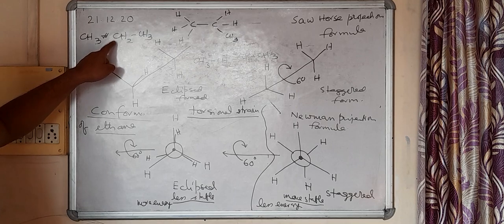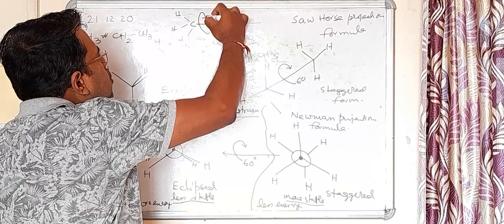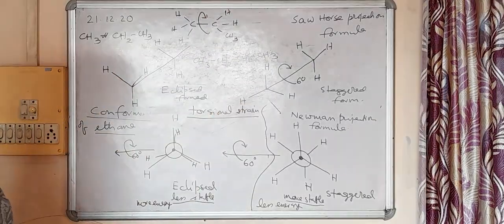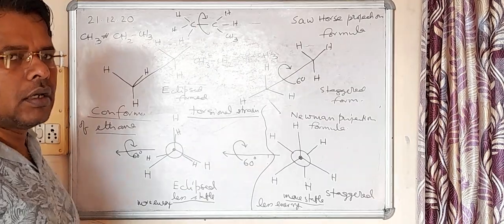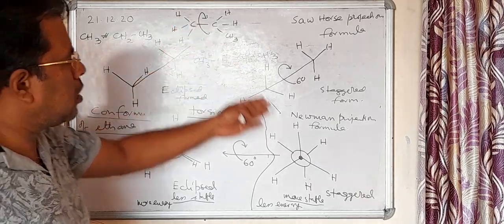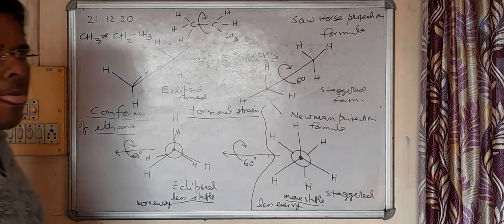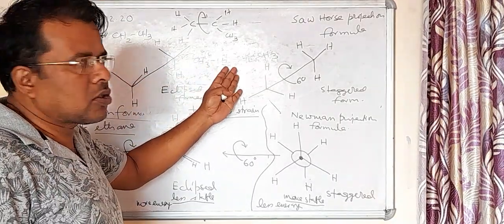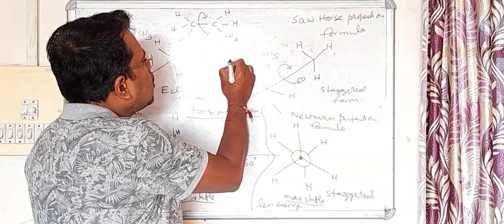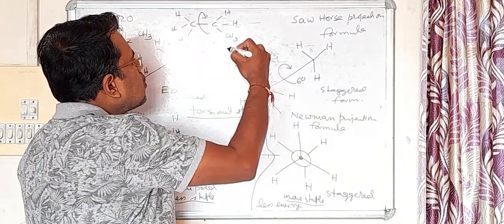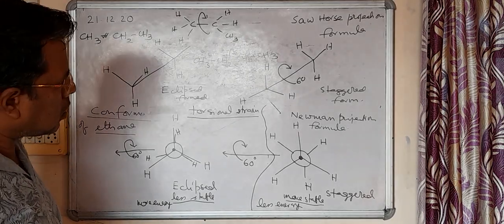To get the conformers, you consider the rotation about this carbon-carbon bond. Rotating about it, you can get the different forms, and you can represent them in Newman or Sawhorse projection formula. If you want to draw the conformation of butane, since this is the middle carbon-carbon bond, you have to consider the rotation about it, and you will get the conformations.